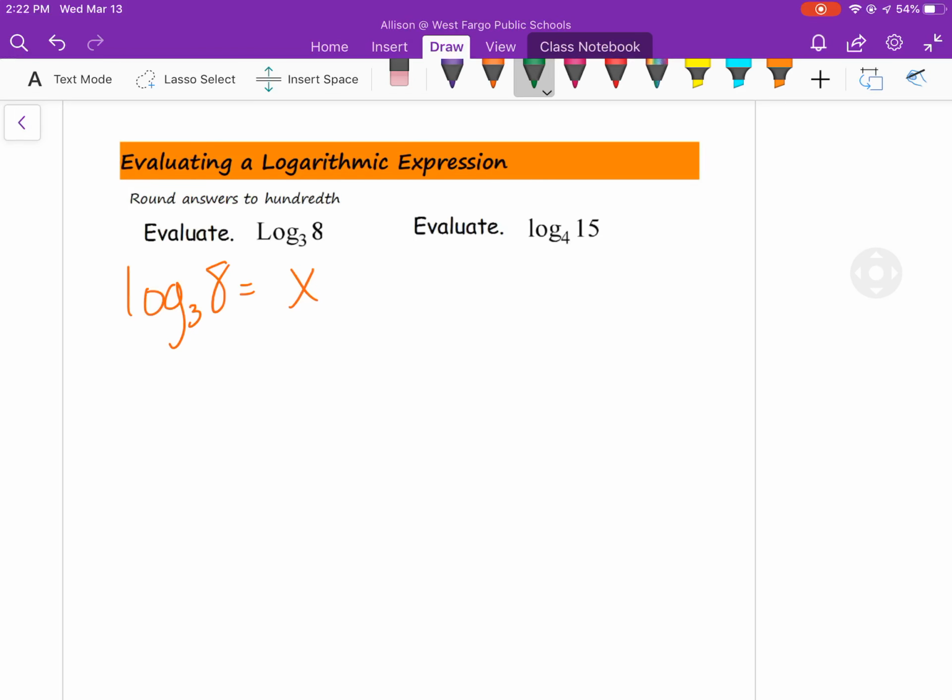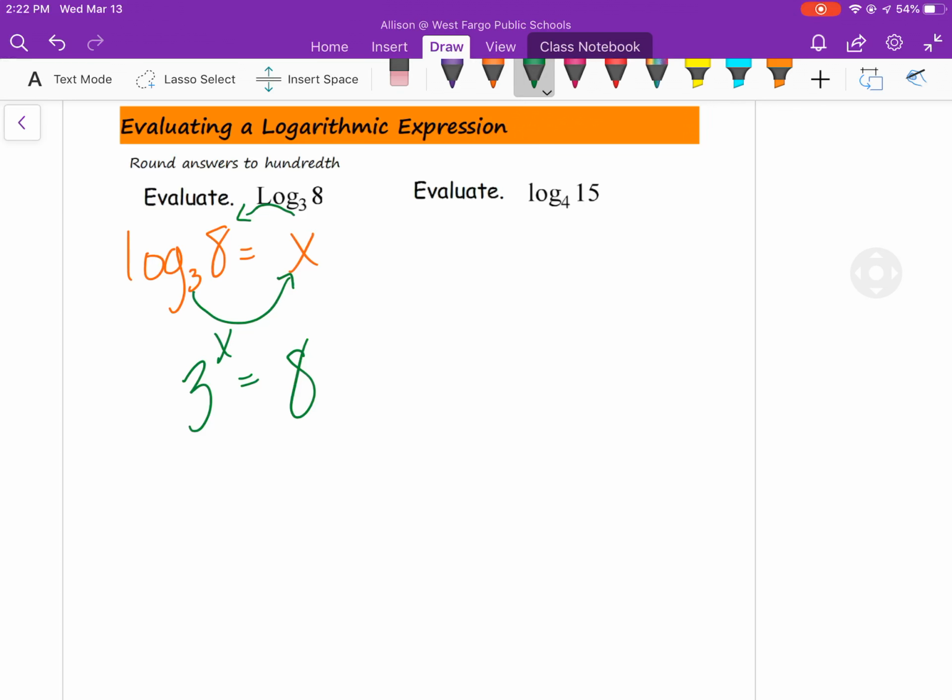One way of doing it is to rewrite it in exponential form. So 3 to the x power equals 8. Then, because exponentials and logs are inverse functions, since I have an exponential function, if I take the log of both sides, then I can finish solving it.